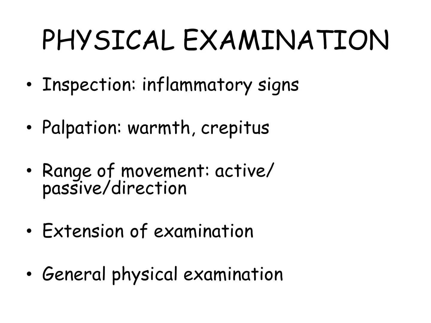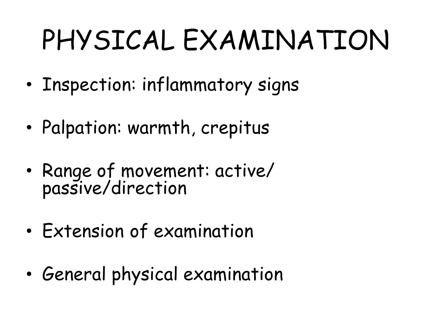And when you come to the examination, after doing the general physical examination and the systemic examination, in the musculoskeletal examination, you're going to examine every joint and do inspection, palpation, movement, and you can extend the examination.